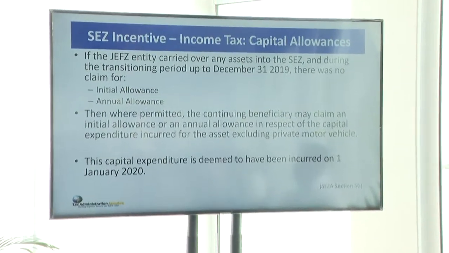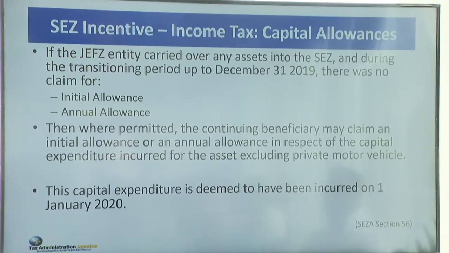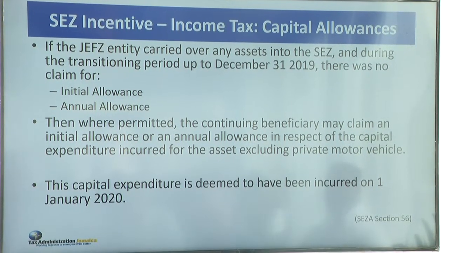Basically what it says is that if you acquire assets during the transitioning period up to 31st December 2019, that don't include a private motor vehicle, and you did not claim any initial allowance during your time as a free zone entity, you can claim it if you didn't claim it before, right?